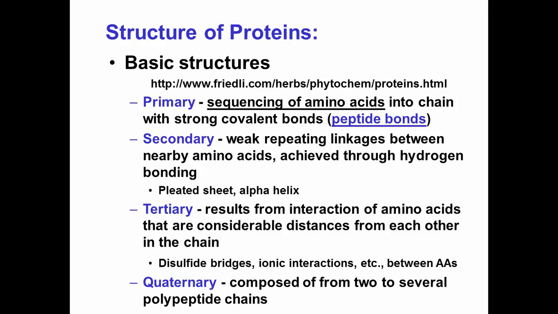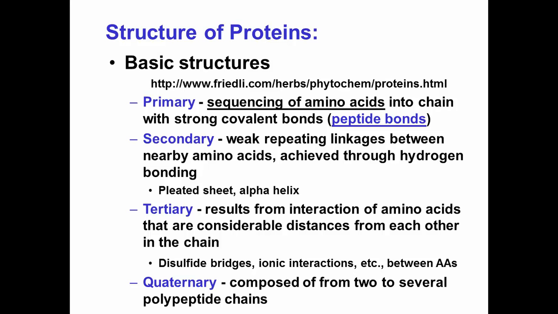This is just a quick reminder in short form of the 4 levels, okay? We talked about primary sequence, that's peptide bonds connecting amino acids in sequence. Remember secondary level structure, where it's hydrogen bonding that keeps that together. And we've got beta-pleated sheet or alpha helix as the structure options for that.